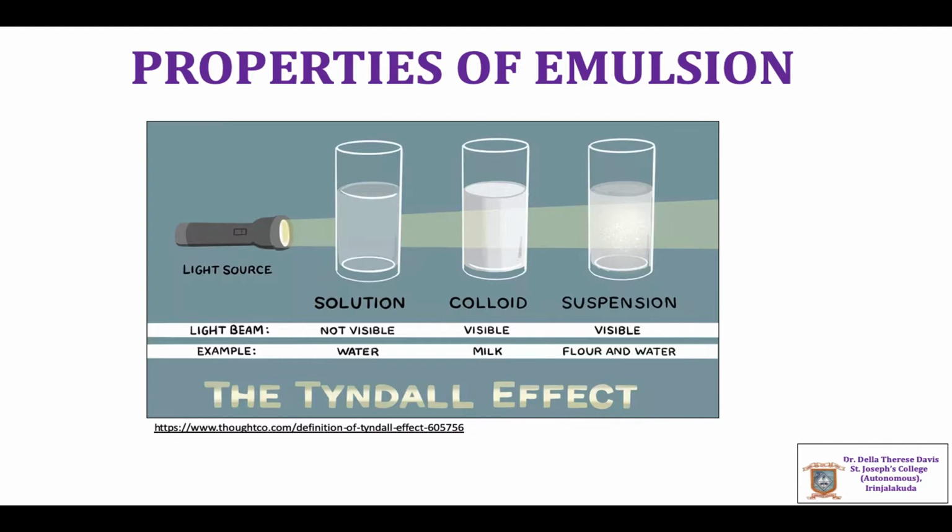In the case of dilute emulsions, those can show slight blue color because when diluted, the low wavelength of light, that is the blue region, is scattered more. Thus dilute emulsions show light blue color.